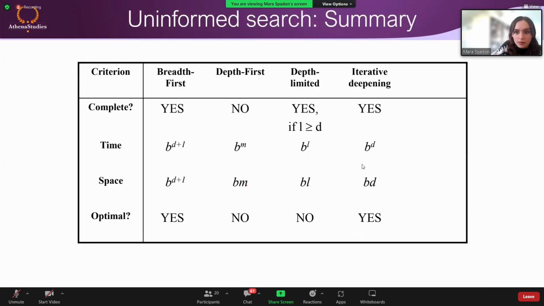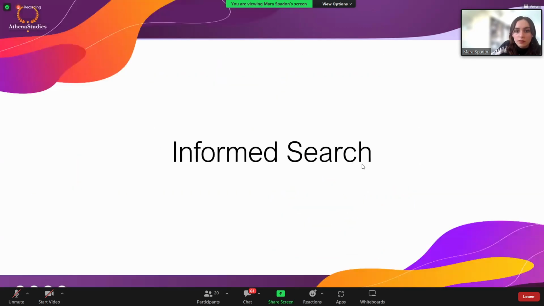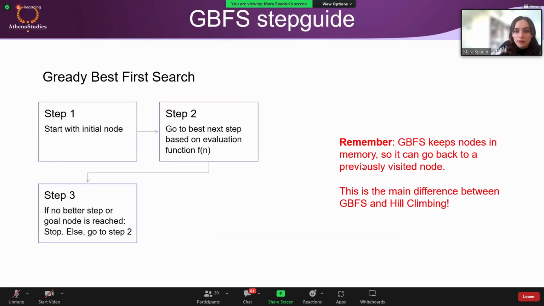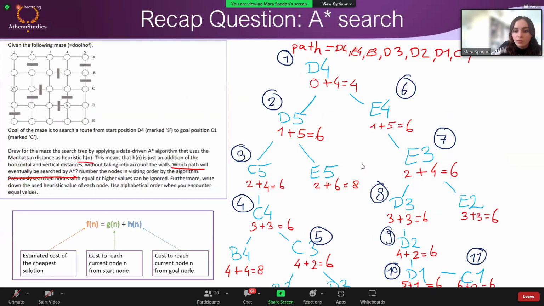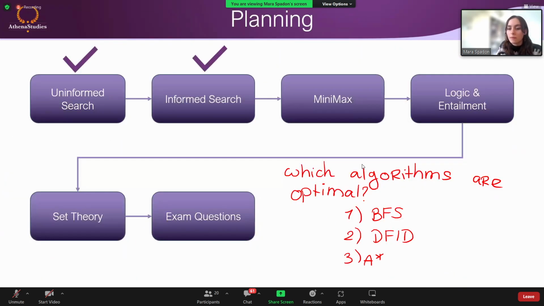Let's go back here. You see iterative deepening is optimal, breadth-first is optimal. These two are not. And for these, we have that only A star is optimal. So if the question is which algorithms are optimal, it's these three.